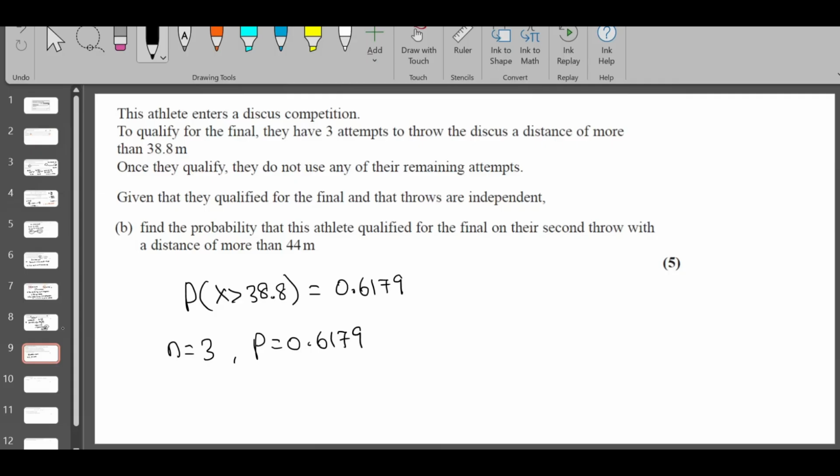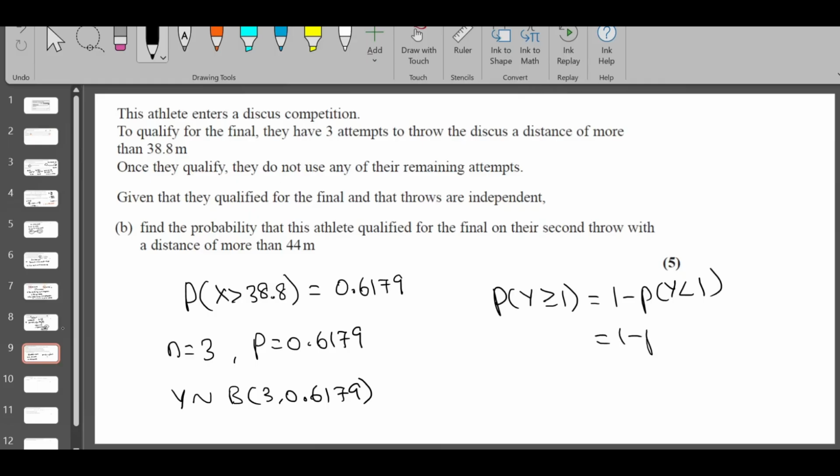It's binomial distribution. I'm going to define another variable, Y, binomial distribution of 3, 0.6179. And they have to throw this distance at least once. So Y greater than or equal to 1, which is 1 minus P of Y equal to 0.